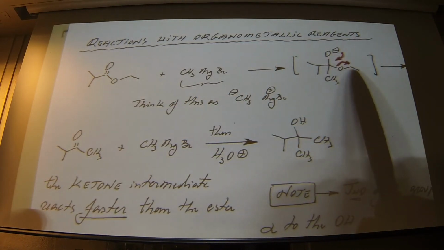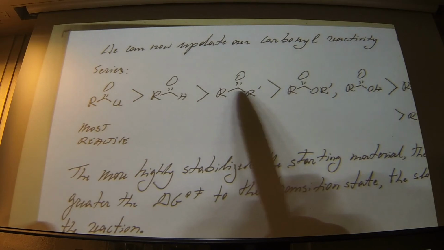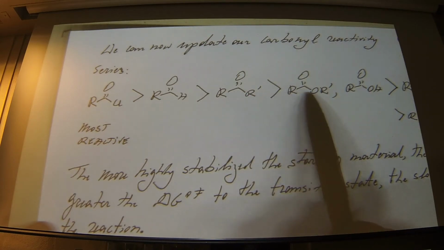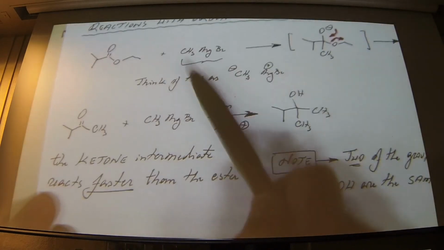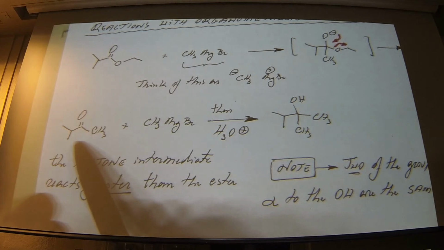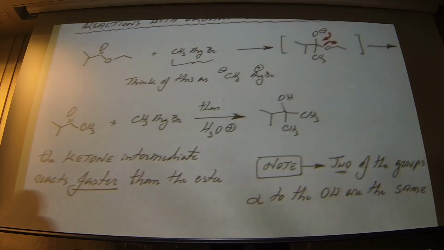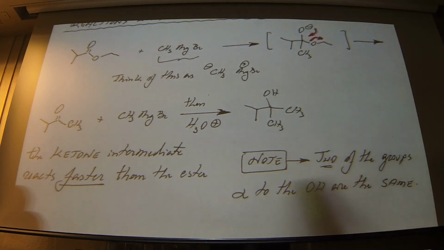collapse. But now I have a ketone. Ketones are more reactive than esters. And so if this reacts at some rate with the ester, this will react even faster with the ketone. And so I will end up with this tertiary alcohol in which two of the groups are identical.